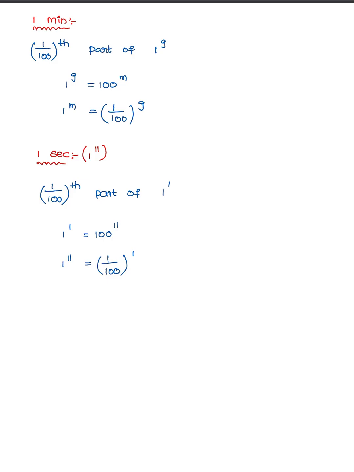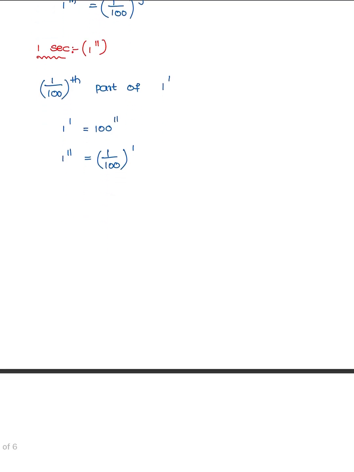Then we move to the third measurement of an angle, that is radian or circular measure. In this measurement, the unit of the angle is radian only.